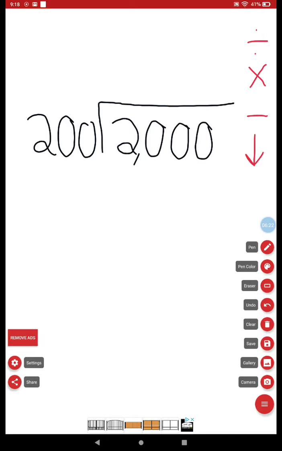Well, 2,000 divided by 200, that's a little bit too hard for me right off the bat. So what I'm going to do is count how many place values there are. Remember, we learned about place values last week. 1, 2, 3. Okay, so I'm actually going to just go out 1, 2, 3 spaces.